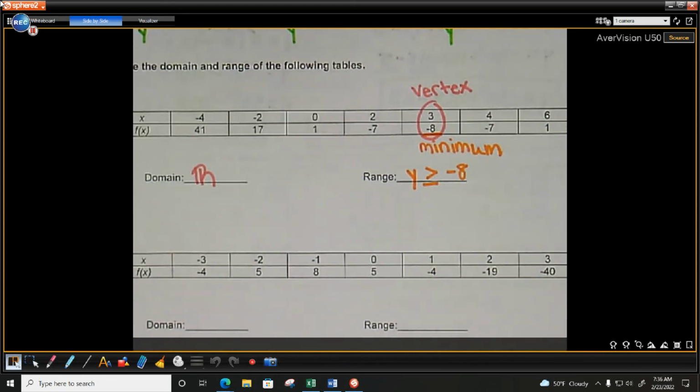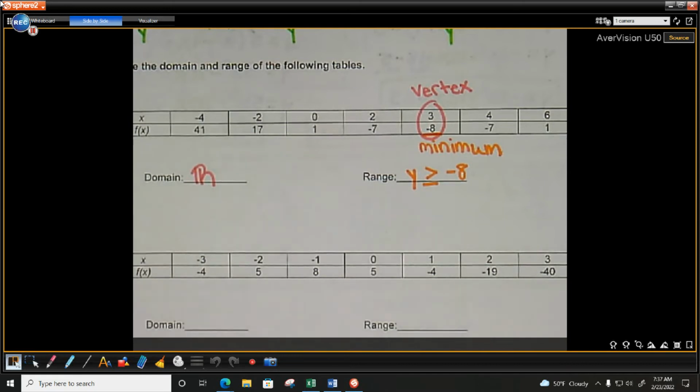So this is more like the domain and range that we wrote on the first day, okay? It's just from a table instead of from a graph. You didn't do domain and range on your homework, but you had to identify if it was a min or a max.